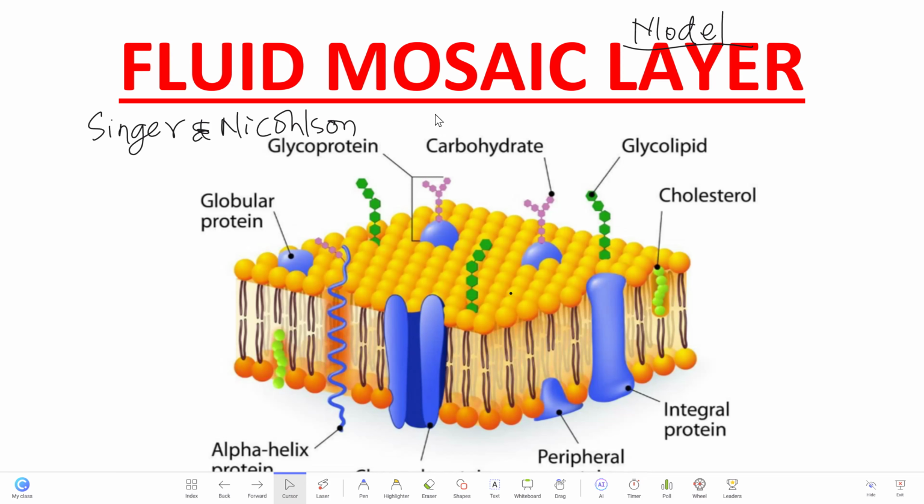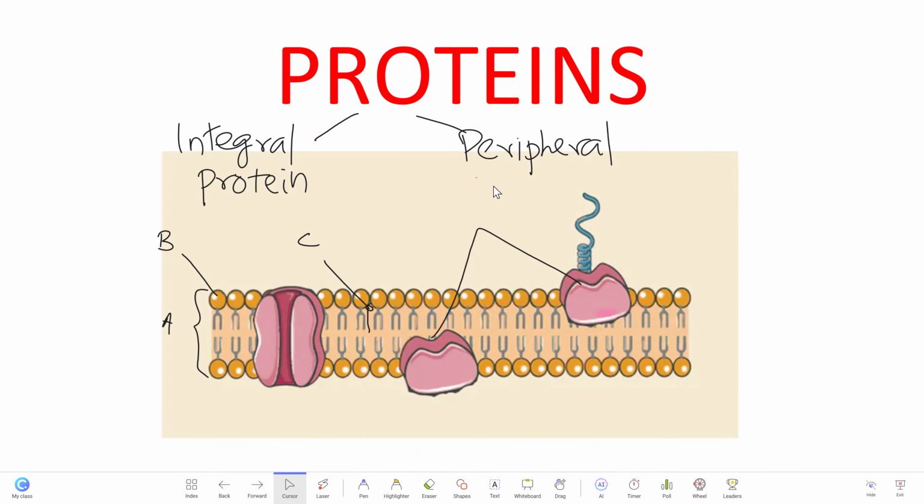So that's a function of the peripheral proteins. Most of the peripheral proteins have a function like this. Peripheral proteins may be glycoproteins. Glycoproteins function as antigens, like blood group. Antigen A, B, or blood group. Just call it blood group.